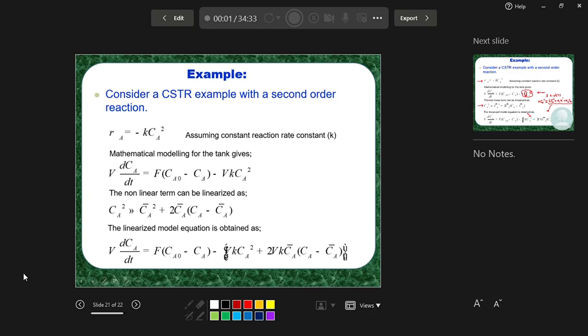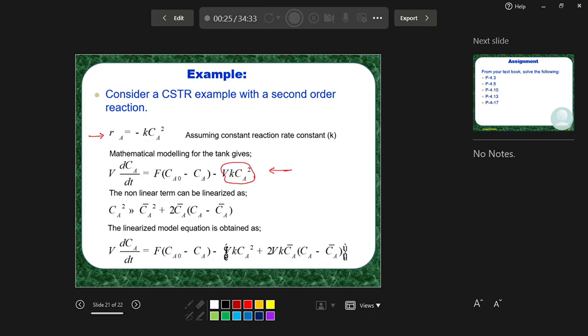If we consider another example in which the reaction is a second order reaction with a rate constant k, then doing the component mass balance on component A, you will get this equation in which we have now a more nonlinear form of the equation.